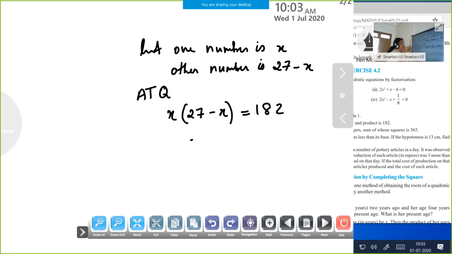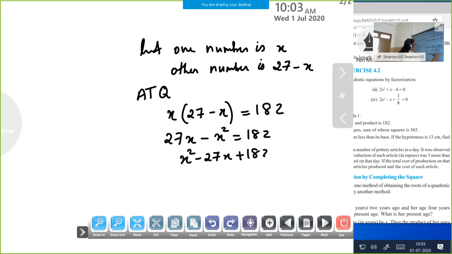This is our given condition. Open the bracket: 27x minus x square is equal to 182. That is x square minus 27x plus 182 is equal to 0. That is the quadratic equation.